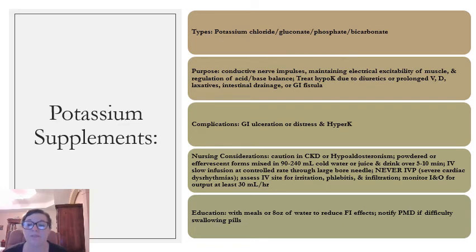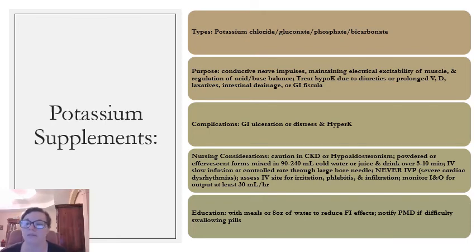This is going to be at a very controlled and slow rate through a very large bore IV. Never, never, never do we push potassium. IV push will never happen. It can cause severe cardiac dysrhythmias.